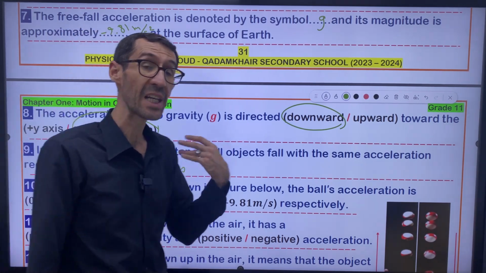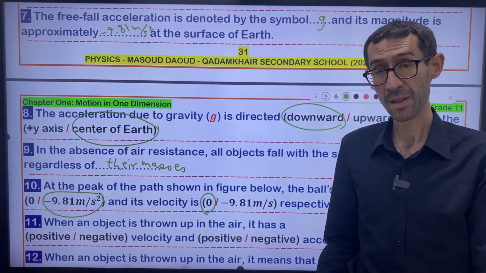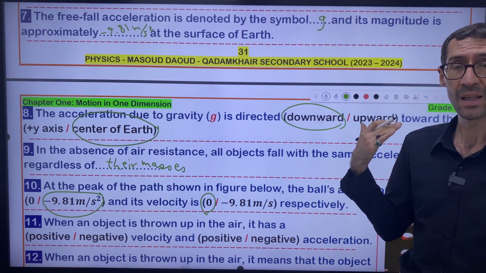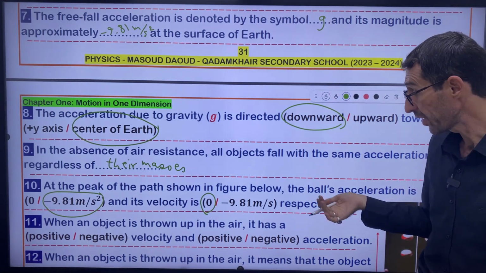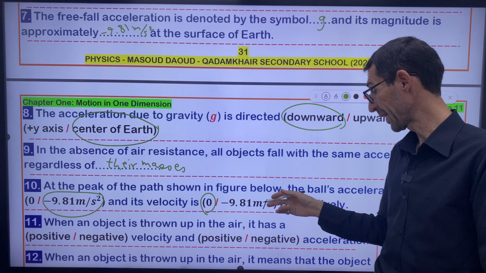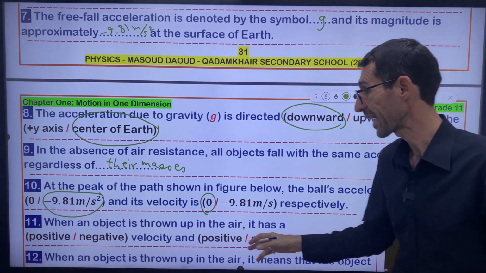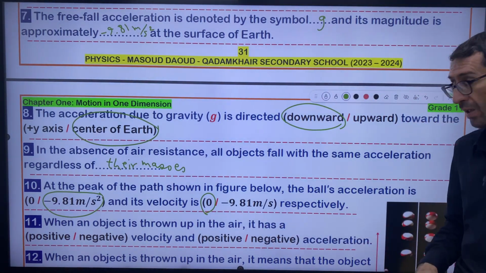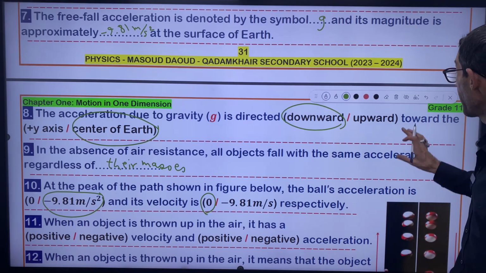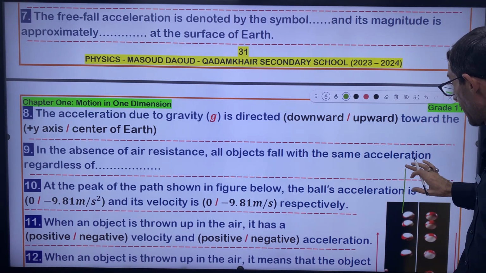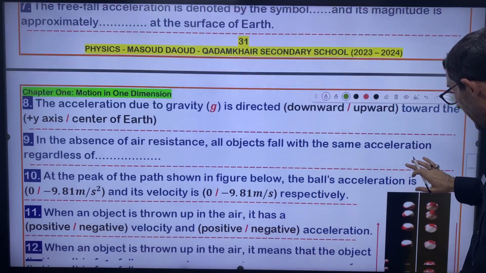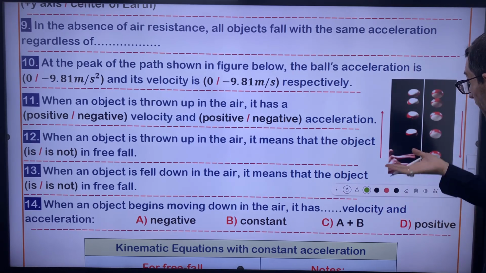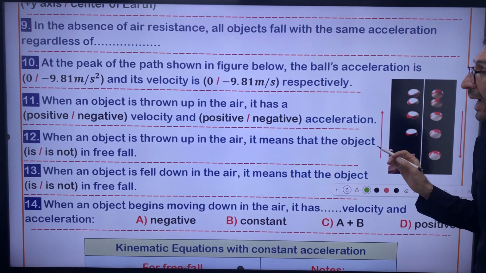Number 11: When an object is airborne, what does airborne mean? Up in the air. When the object is thrown up in the air, it has a positive or negative velocity and positive or negative acceleration. Think about the same example when the ball is thrown up into the air.